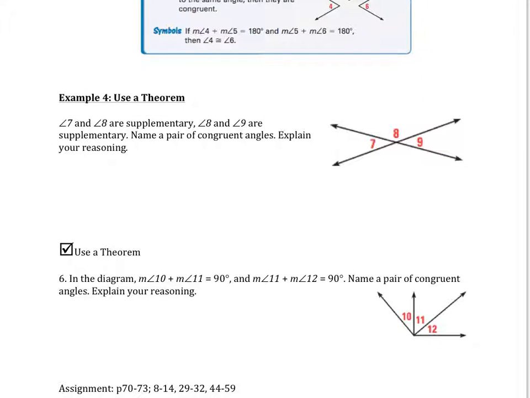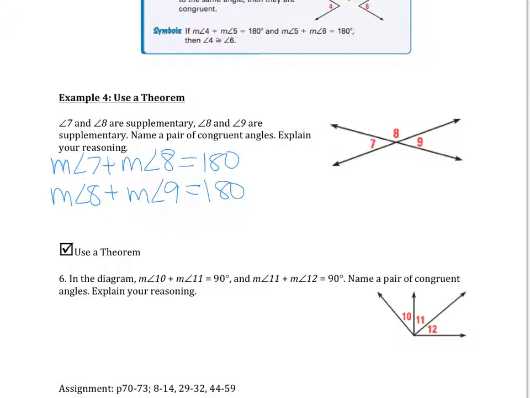So we're going to look at this, and I know that 7 and 8 are supplementary. So that means the measure of 7 plus the measure of 8 equals 180. And I know the measure of angle 8 plus the measure of angle 9 equals 180.